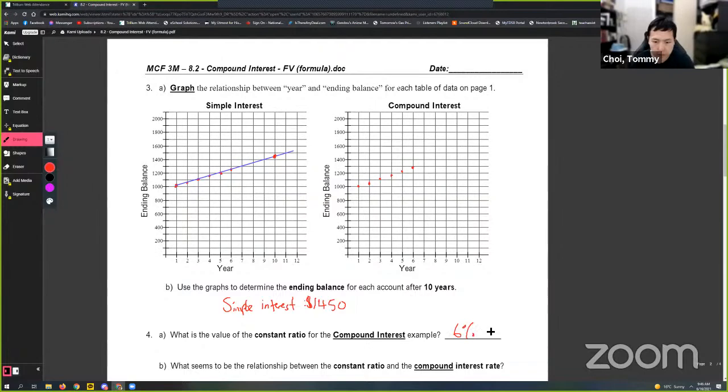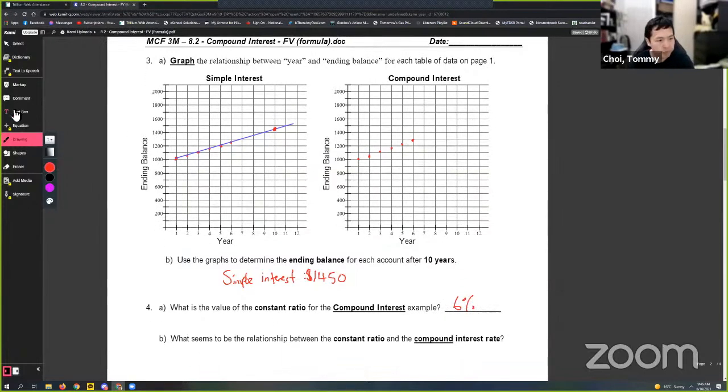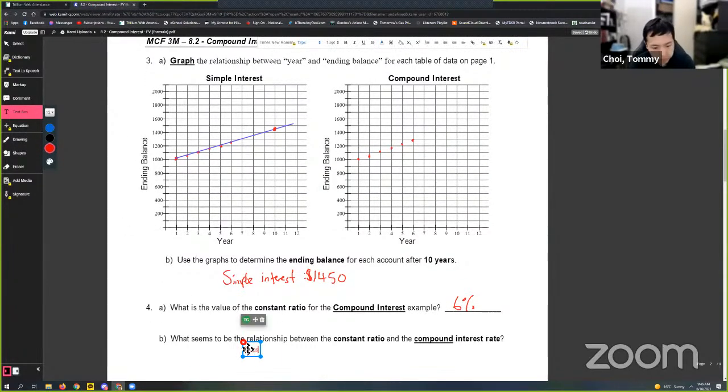So it's 6% here, which is the same. The constant ratio and the rate are the same. So that's the important part here, understanding that the ratio or the rate on which it's increasing is always going to be the 6%. That's the consistent one, right? It always goes up 6% from the previous value. And so it's going to be the same ratio all the way through.